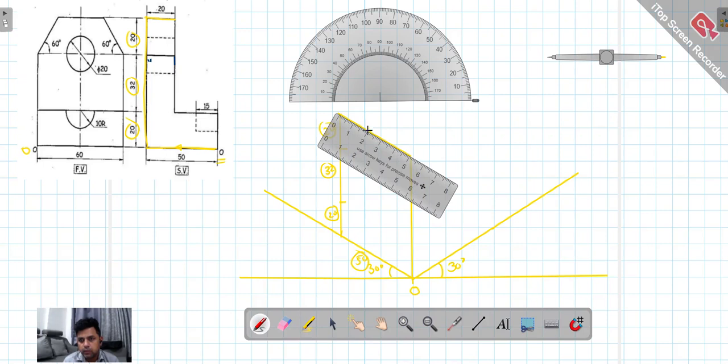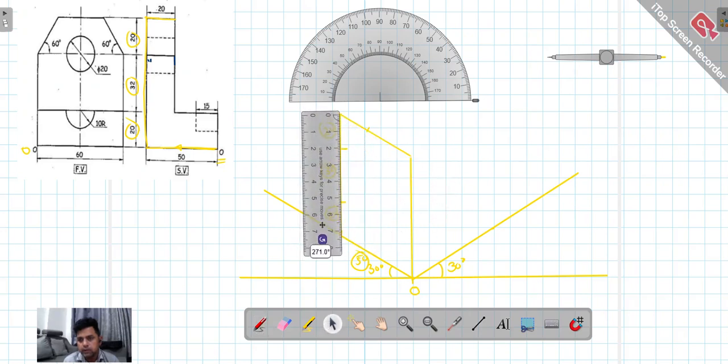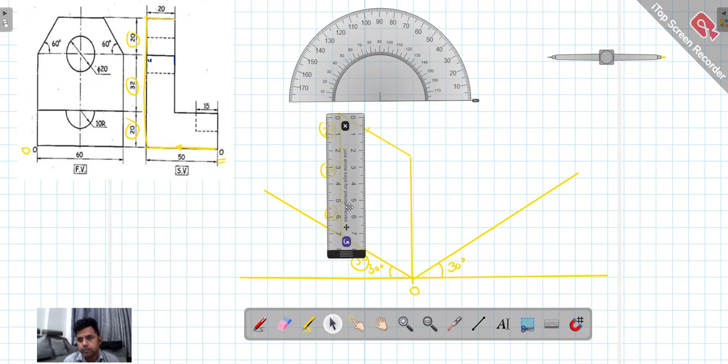And to this 20, I can simply draw a vertical line from this point. I can draw a vertically, of course, downward line.